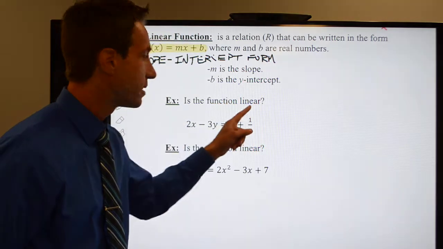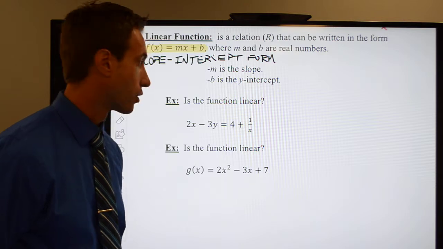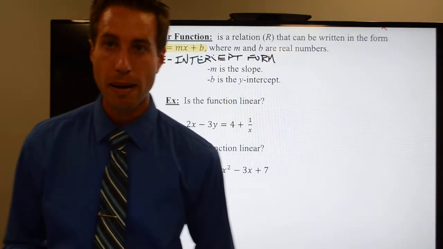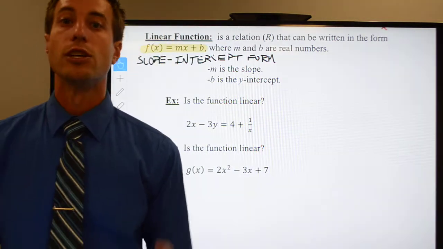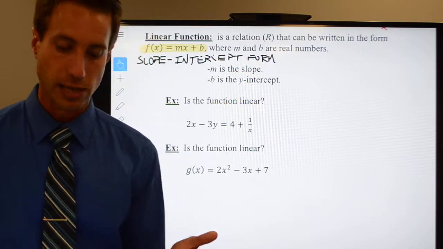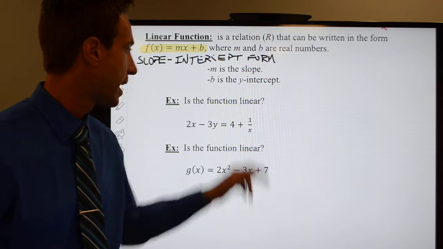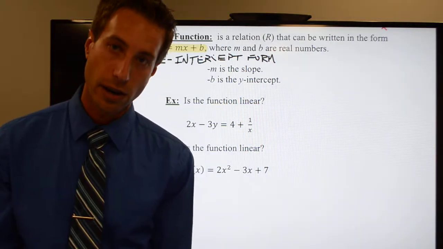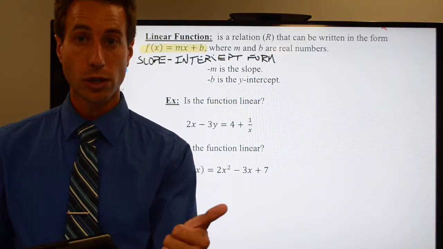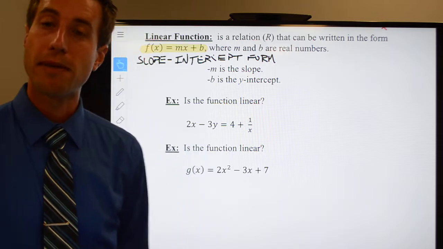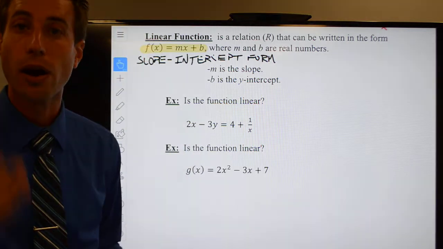I want to know, is this a linear function? Well, we go ahead and take a look at it. Remember, first thing we're going to check for is, am I multiplying variables together? Well, as I look through it, I have an x by itself, a y by itself, and then an x by itself. None of the variables are multiplied together, so we're good. Then I check to see, are any of my variables raised to a power other than 1?